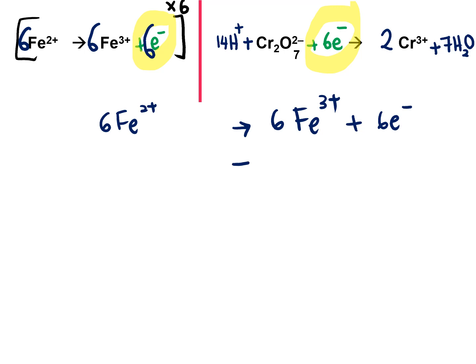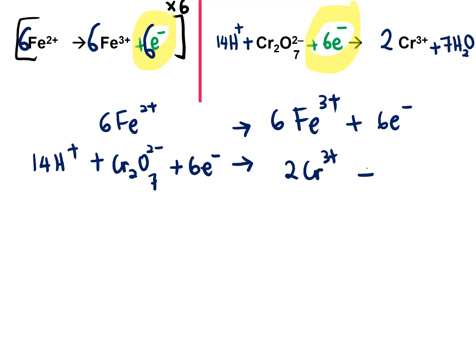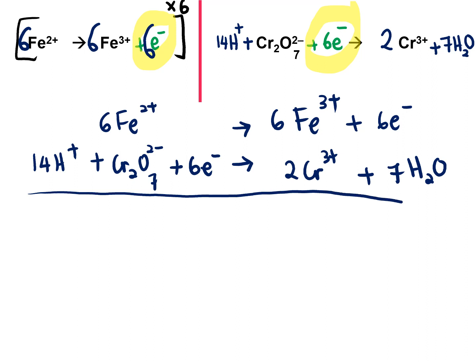While the second equation, we have 14H+ plus Cr2O7 2- plus 6 electron produce 2 chromium 3+ ion and 7 H2O. So, total up the above equation, nama pun combine. So, combine it by using the 6 electron on the left side of the second equation, and cancel with the 6 electron on the first equation.